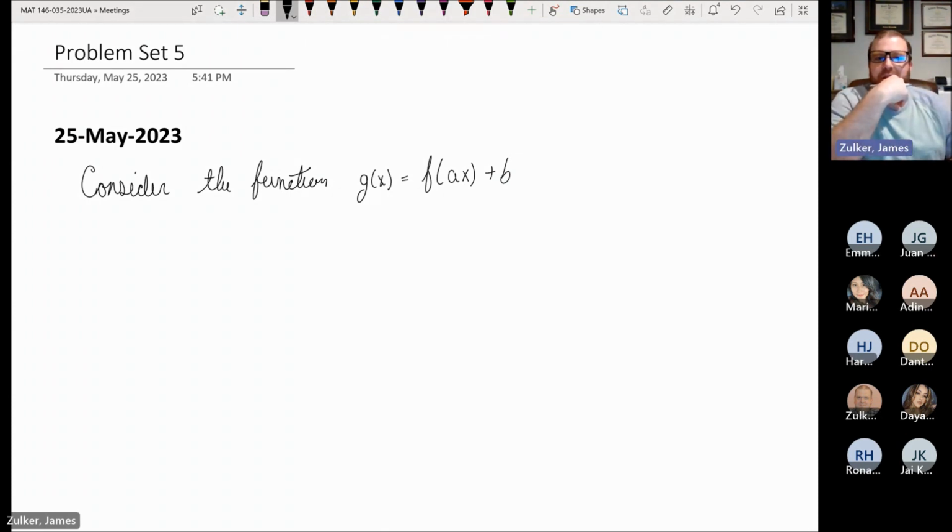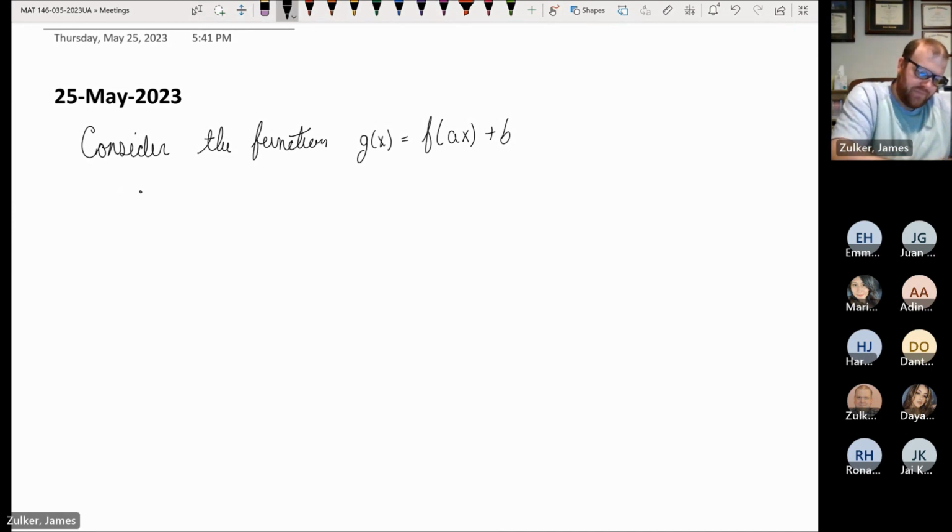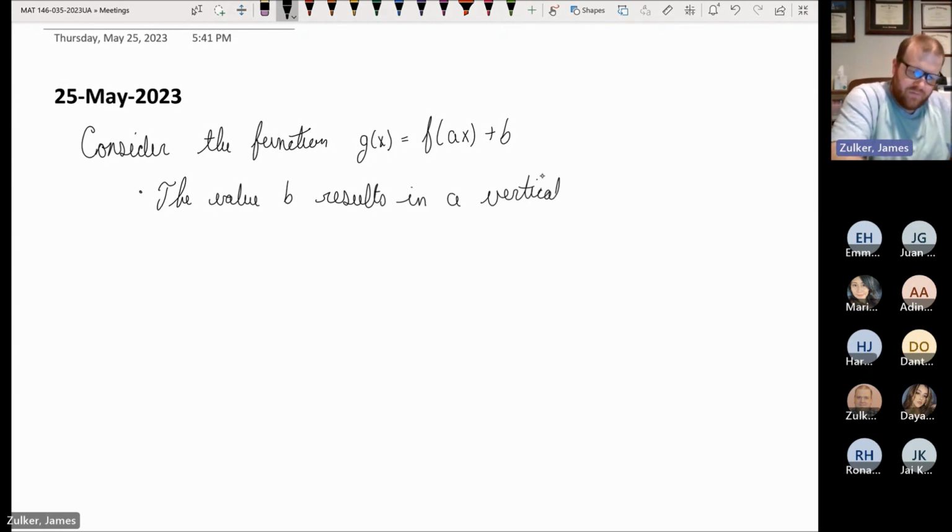All right, so let's consider the function that is obtained f of ax plus b. All right, so b results in a vertical translation.